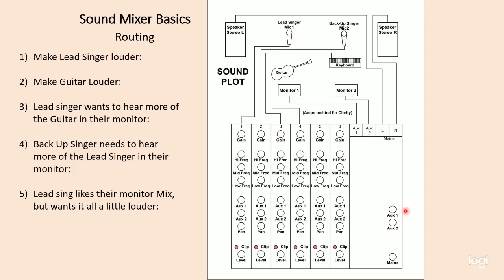We can just adjust the auxiliary 1 mains mix. We could turn this up a little bit, which will send a little more signal out of the auxiliary 1 and make this monitor speaker a little bit louder. So that's a little bit about monitor mixing and auxiliary sends and how we can do that.